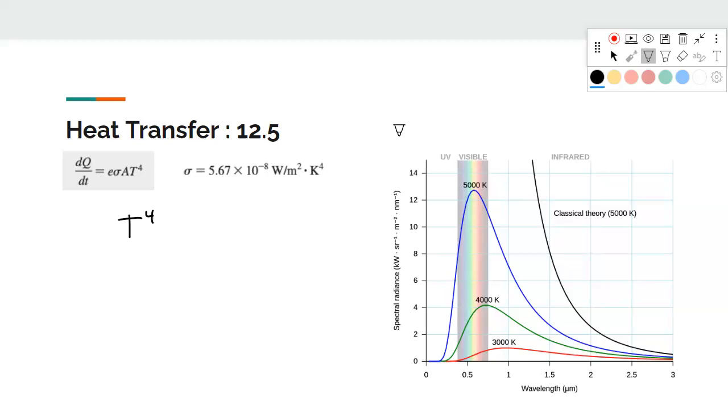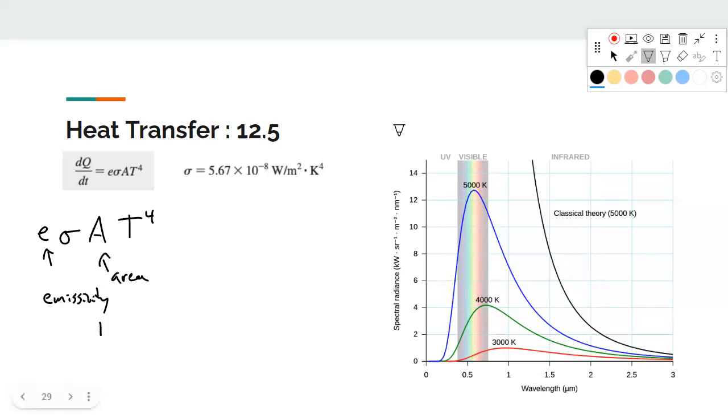Okay. And then I should just mention, so this A is just the area of the object. So if an object has more surface area, it'll emit more radiation. This sigma is just a constant of nature. It's the Boltzmann constant, Planck-Boltzmann constant. And then this E is called the emissivity. Write that out. And this is a property of the material. Basically, it's describing how good is it at emitting energy via radiation.